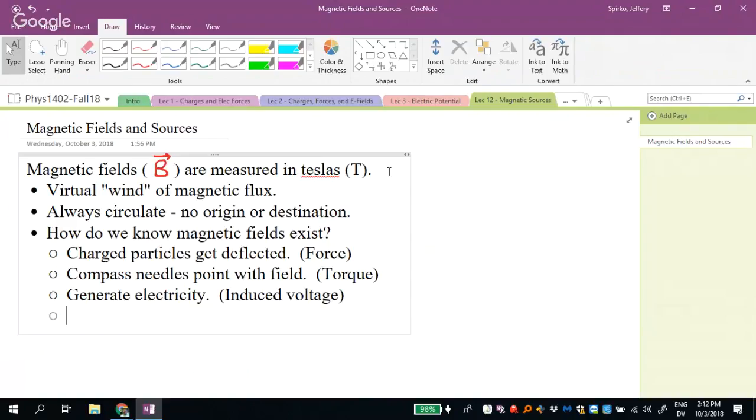And another cool thing that magnetic fields do is form electromagnetic waves. And that's really important because light is one of the kinds of electromagnetic waves, visible light, and without visible light, we wouldn't be able to see. Radio waves are a form of electromagnetic waves, and we use radio waves to communicate all the time.